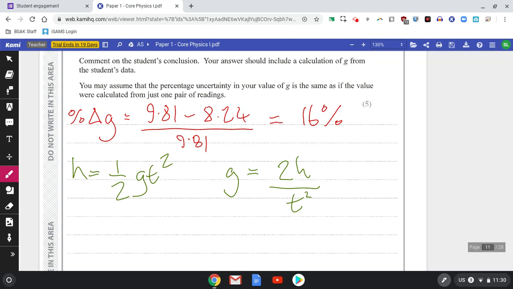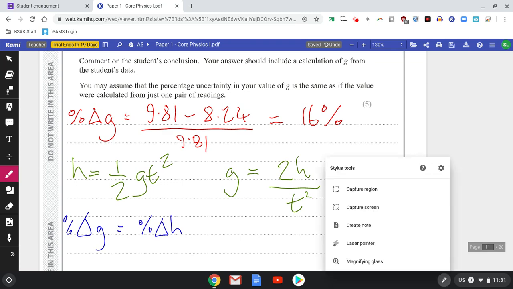Okay, so the percentage uncertainty in g is equal to the percentage uncertainty in h. Now, even though we're dividing by this, we still add the percentage uncertainty in this to the percentage uncertainty in this. We always add.